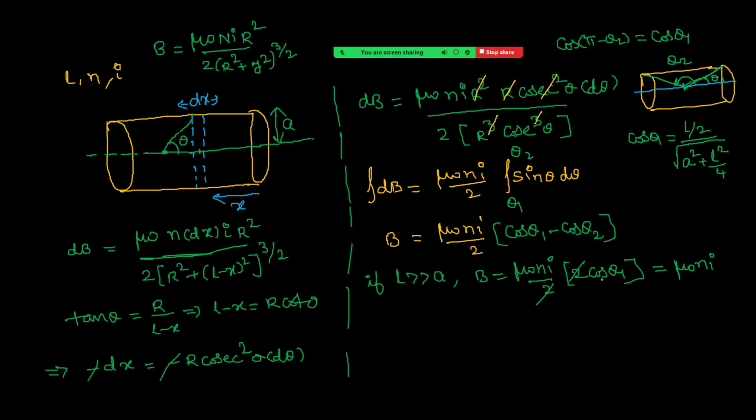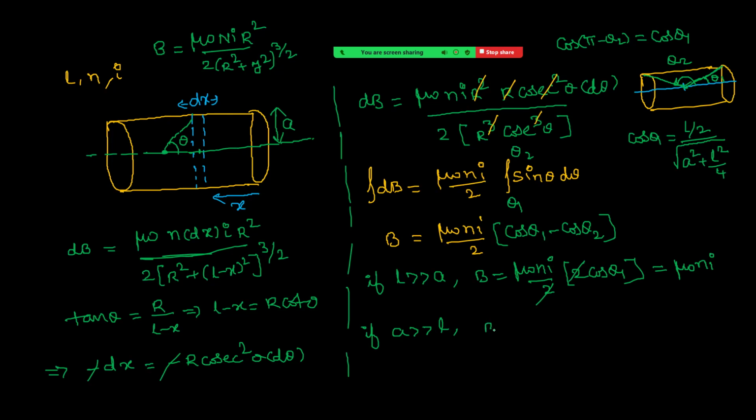Next, coming to the second assumption. Second assumption, if A is very large. Okay, now see in this what we have tried. Now this will be negligible when compared to A square. So remaining is only A square, root of A square, that is A. So cos theta 1, L by 2 by A, means L by 2A, right?